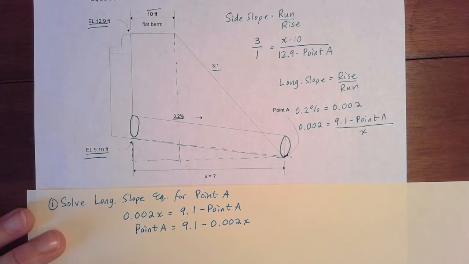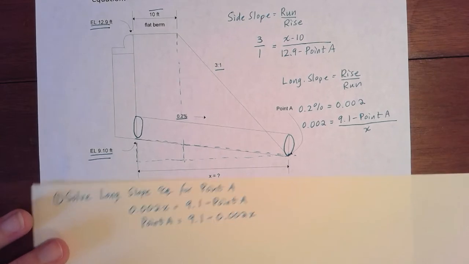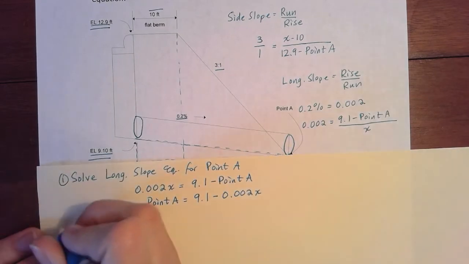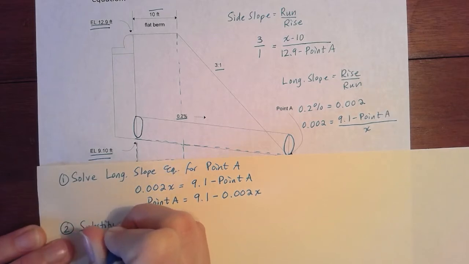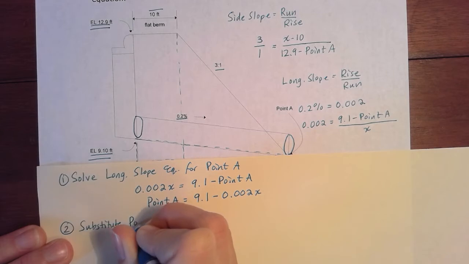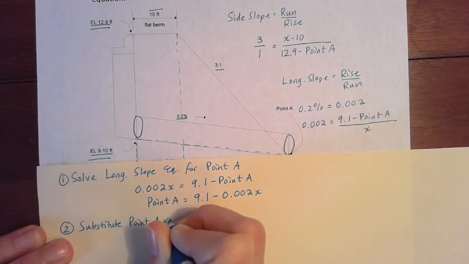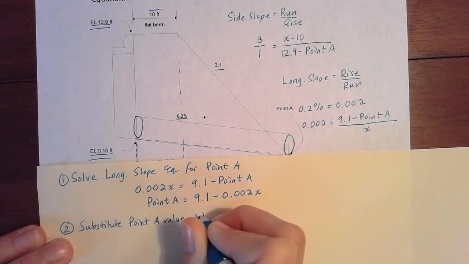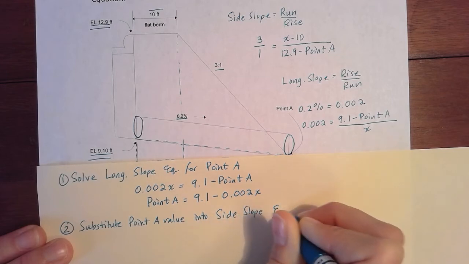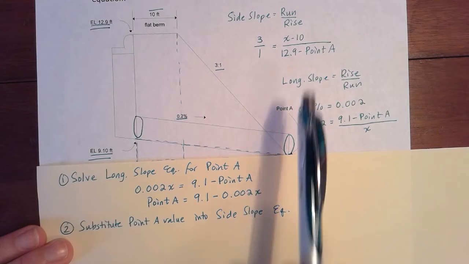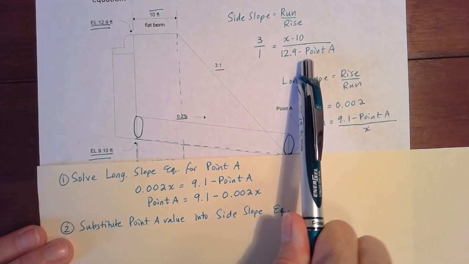Now I'm going to substitute that into the side slope equation. So that'll be my next step here. I'll substitute that point A value that I just got here into that side slope equation. So now side slope, remember it was this 3 over 1.